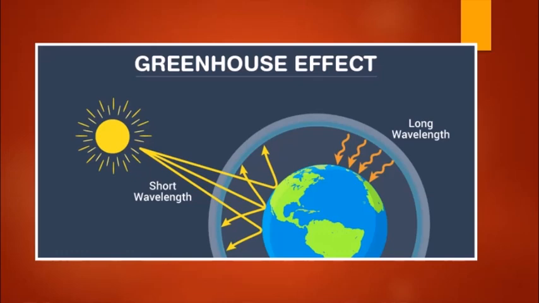All of these trap more and more heat of the sun, and because more heat is trapped, our earth is becoming warmer and warmer. As these gases cause warming of the earth, they are called greenhouse gases, and this is the greenhouse effect.